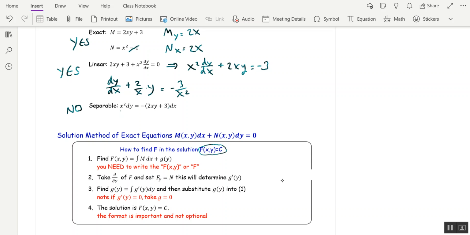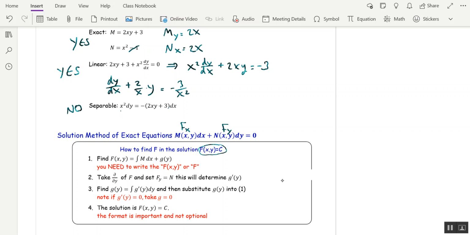First of all, M, by supposition, is f sub x, and N is f sub y. So if you're trying to recover f, take M and integrate with respect to x. That will give you f up to a constant, and the constant is going to be a function of y, so g of y. Then take the partial with respect to y of your answer in part 1, and set that equal to N, because again, by supposition, N is f sub y.